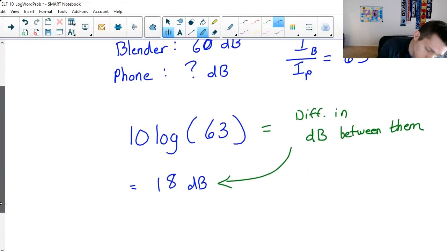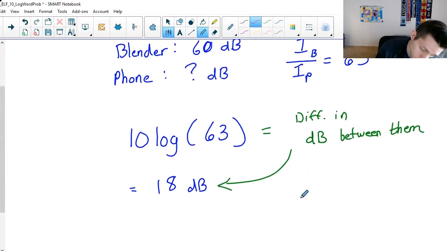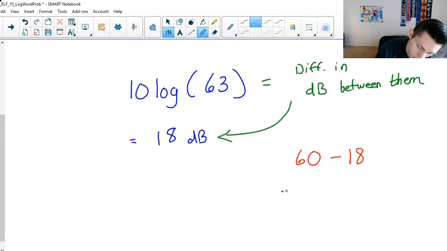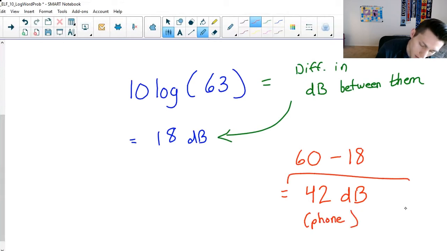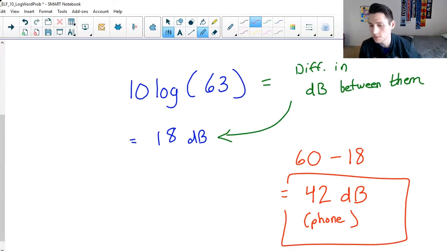So I'm going to take 60 decibels, subtract 18, so it must be that the phone ringing on high is 42 decibels.